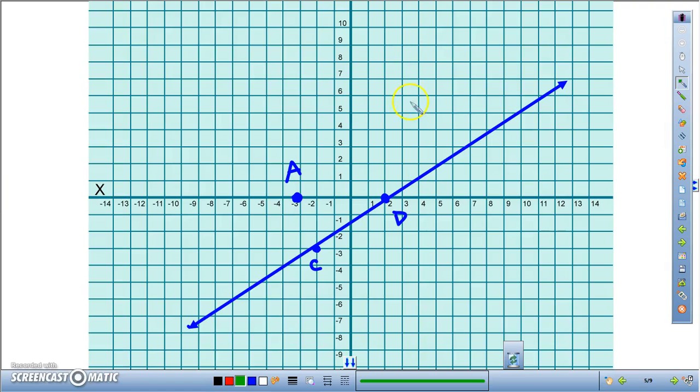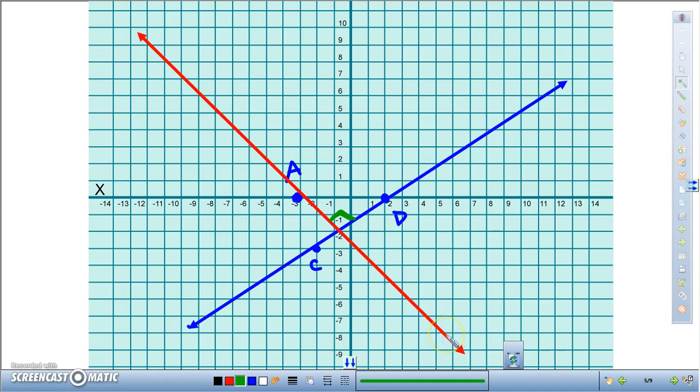Okay, so it says I need a line that goes through point A and that is perpendicular to line CD containing the points that I've graphed here. So what I want is a line that goes through point A and is perpendicular to line CD, meaning that I form a 90-degree angle right here.